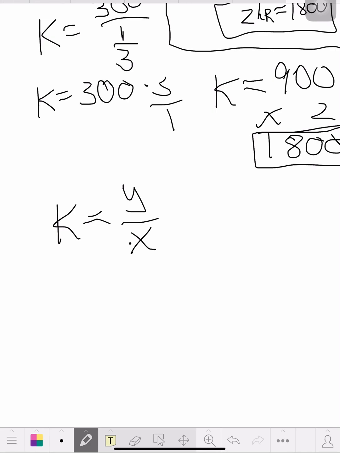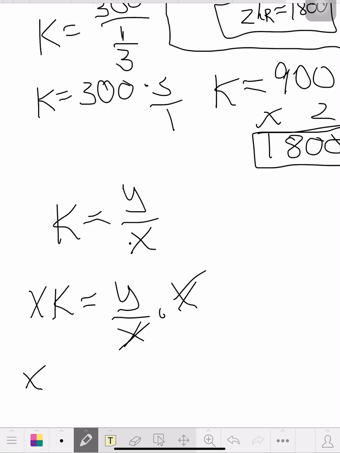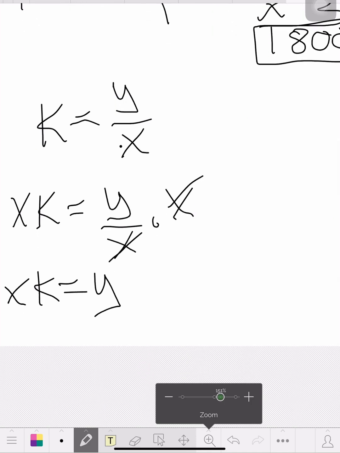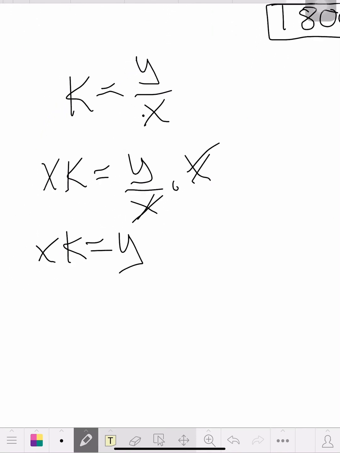We multiply both sides by X, so we get K equals Y over X times X. These 2 X's will cross out, so we get XK equals Y. That's one of the formulas, remember? But now we want to get the X by itself, so let's just divide both sides by K. This is one of the formulas they gave you, okay? That's the second formula they gave you.